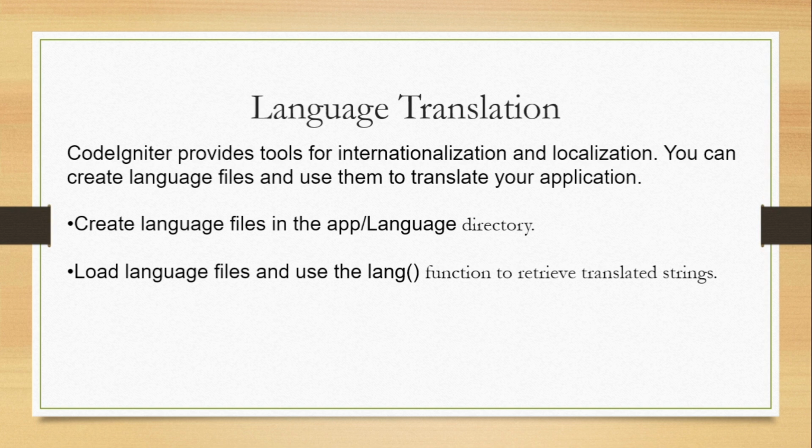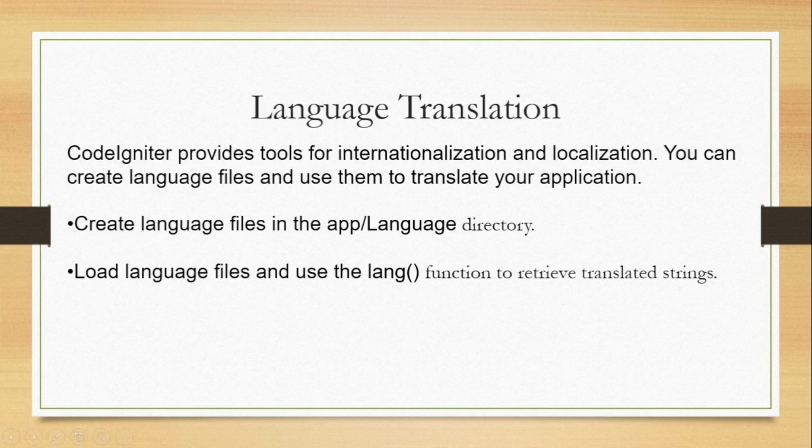Next, language translation. One of the most important and advanced features in CodeIgniter 4 is a tool to provide internationalization and localization. Means if you want your application to run in multiple languages, then language translation is the best option for you.